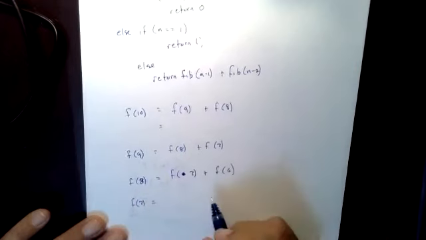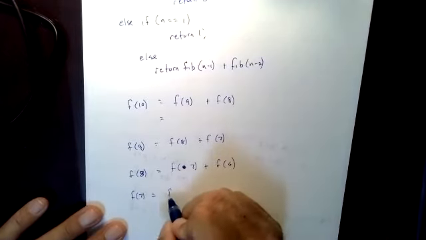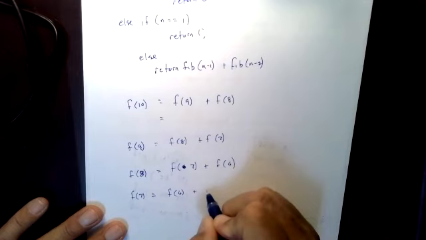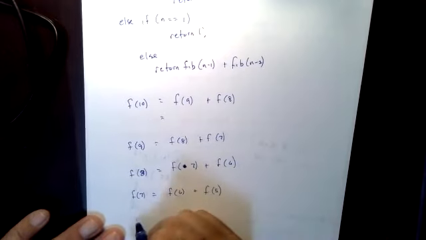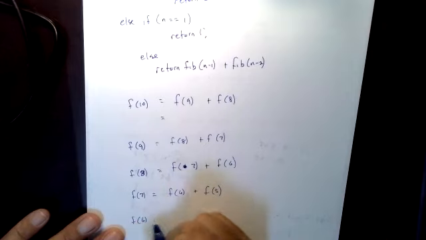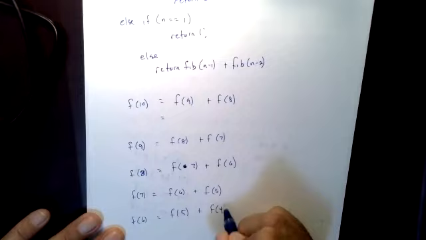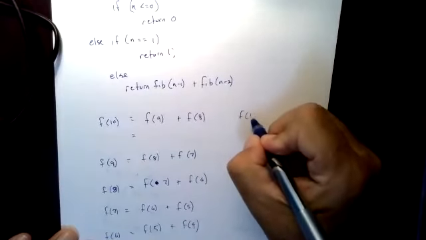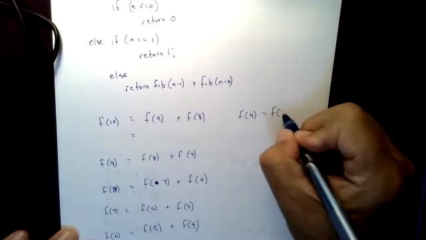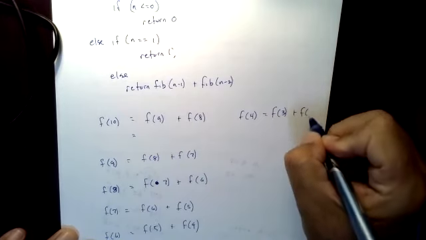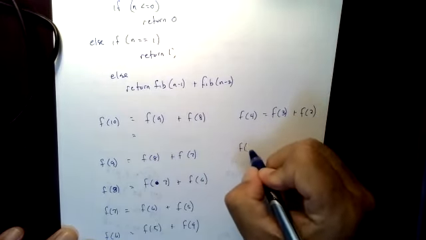Fib of 7, I'm really chicken scratching this because I'm going through quickly, since it's a pattern. 7 equals 6 and 5. F of 6 equals 5 and 4. F of 4 equals F of 3 plus F of 2. Starting to get somewhere.